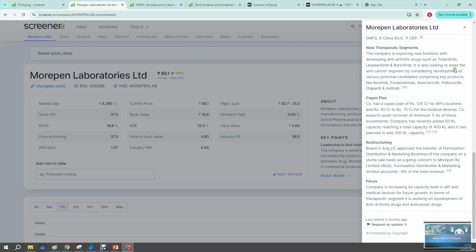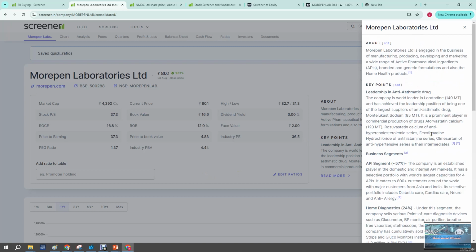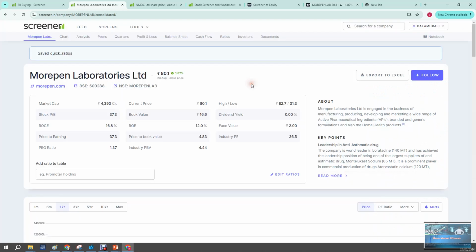These are the inputs for you to take the next level of analyzing the stock. This gives you a high level view of what business they are doing and where there is potential for them to grow.